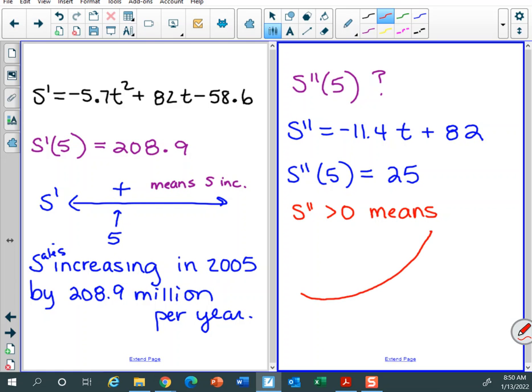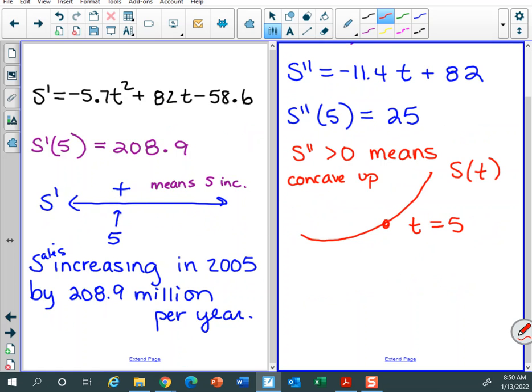So what I know right now is that around t equals 5, my S function looks something like this, where t equals 5. S prime is positive, means we were increasing. S double prime is positive, which means we're concave up.